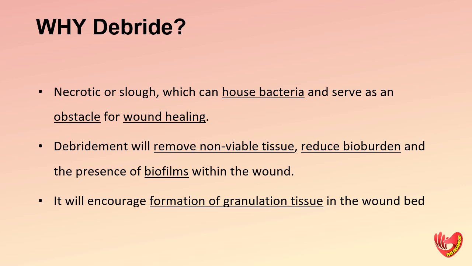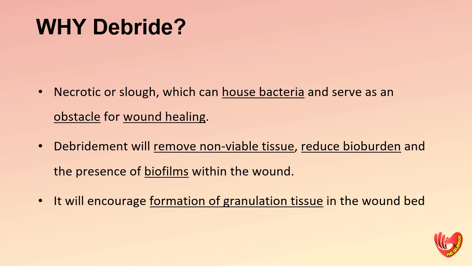The availability of nutrients and oxygen and presence of ischemic tissue make this an ideal environment in which both aerobic and anaerobic bacteria multiply. Debridement will remove non-viable tissue, reduce bioburden, and the presence of biofilms within the wound. Therefore, it will encourage formation of granulation tissue in the wound bed.